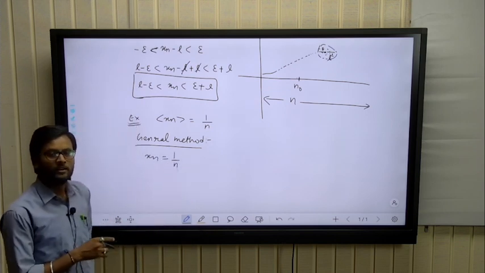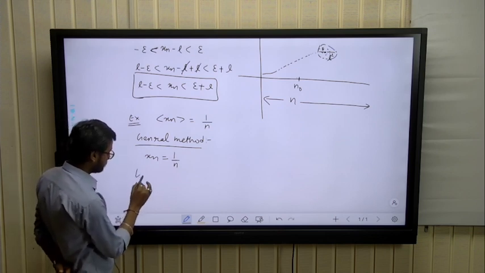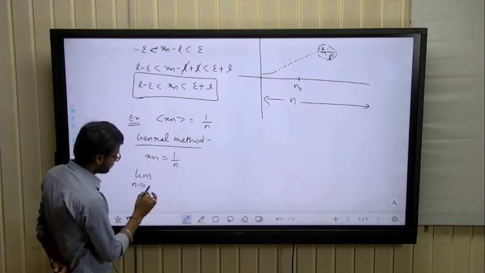If we find the limit of this sequence, we take the limit as n tends to infinity on both sides.